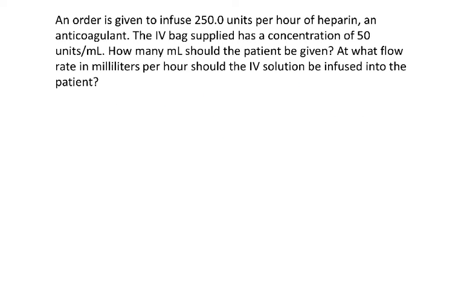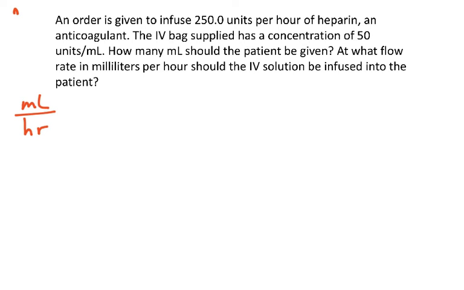An order is given to infuse 250 units per hour of heparin, an anticoagulant. We saw that before. The IV bag supplied has a concentration of 50 units per milliliter. How many milliliters should the patient be given? At what flow rate in milliliters per hour should the IV solution be infused into the patient? All right, so pause and answer and come back. So what we want to find is milliliters per hour.